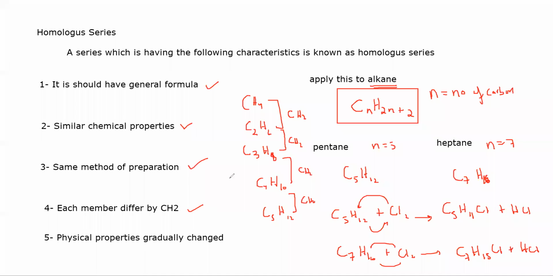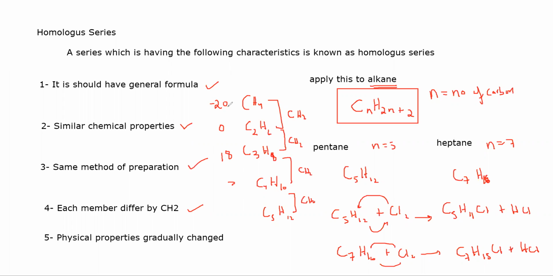So each member differs by CH2. And physical properties gradually change. What does it mean? For example, if I say the boiling point of this one is, say, -20, this will be about 0, then 18; approximately, a similar difference is there. Not exactly, approximately the same difference.